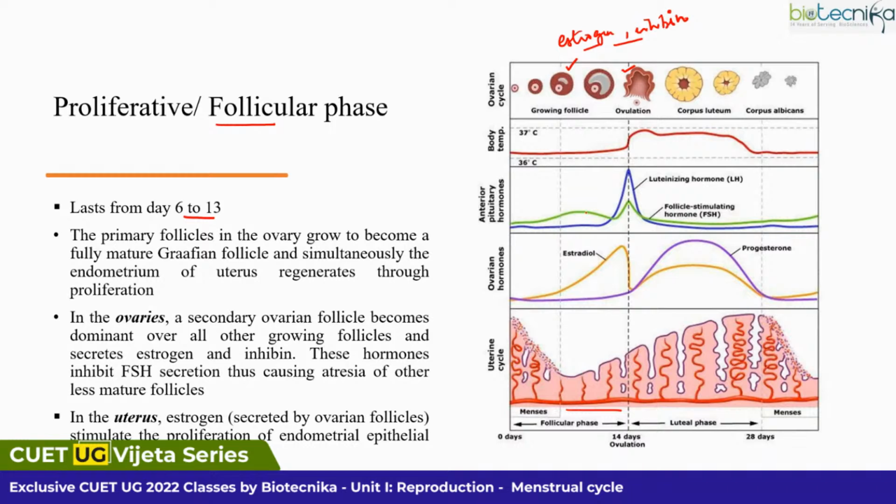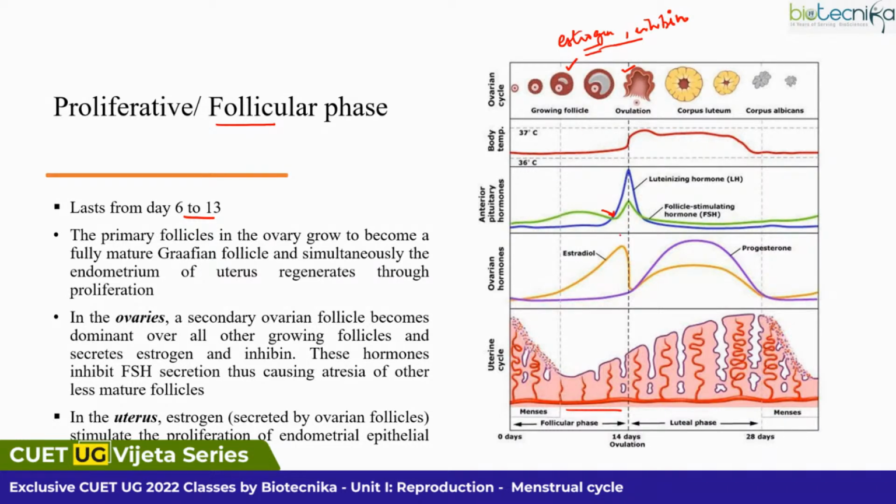You can see the FSH level going down over here, the green curve, because inhibins inhibit the release of FSH. When FSH is not present, the other follicles will not grow. So because FSH is inhibited, it will cause the atresia of the other less mature follicles. Remember the names of these hormones and try to correlate them with the various phases.